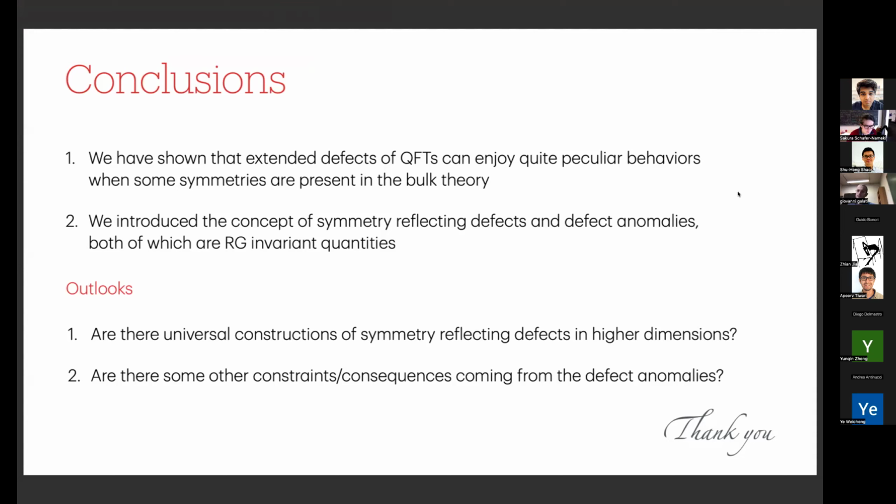Yeah, I just want to ask for the higher form symmetry, if we want to couple the symmetry to the background gauge field, is there a similar way to do that, like what you did for the zero form symmetry? So if the higher form symmetry is continuous, it is the same. Just the fact that if it is symmetry reflecting, you don't have anymore this distinction of left and right.